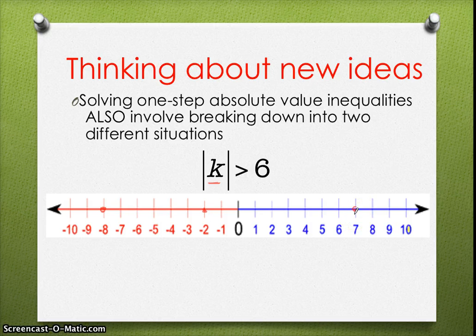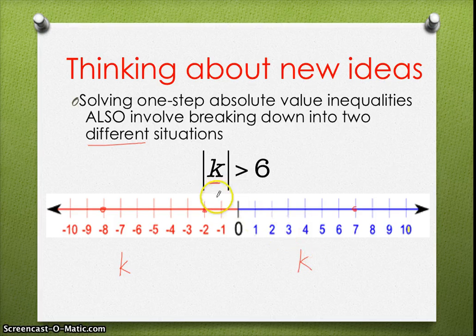So how can we keep that in mind when we're trying to break this expression into two different situations? We're bounded by these absolute value bars, which means that if we were to take them away, we just have some value of k, and we know that already there are two situations.